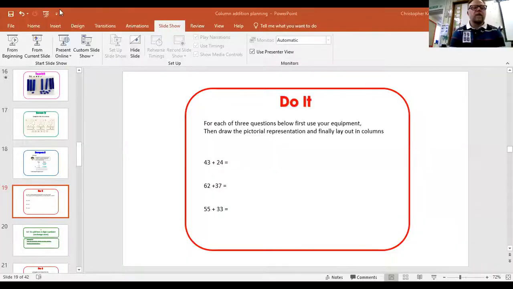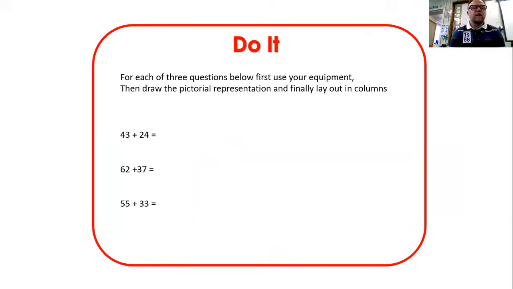Thought I'd just shown you the do it slide, but I think you were paused, so I'm going to slowly show you the do it slide again. Show if you've seen it twice. Hopefully, be able to show you this.